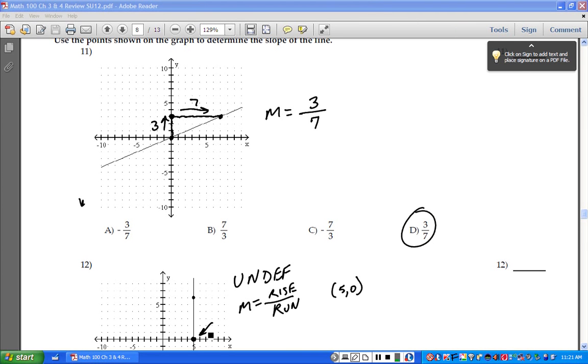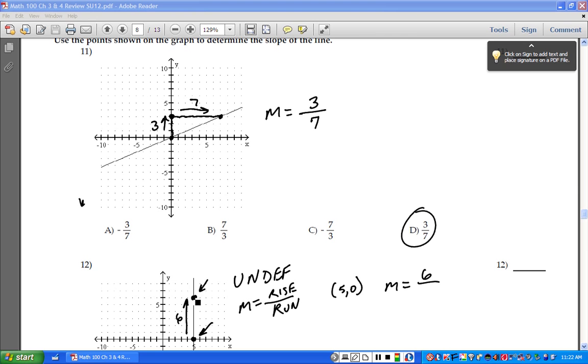Now, slope is rise over run. So I want to go from one point to another point. Well, here's another point that was given to us right here. So to go from here to here, I go up 1, 2, 3, 4, 5, 6. I went up 6, so my rise is a positive 6. Now, run.